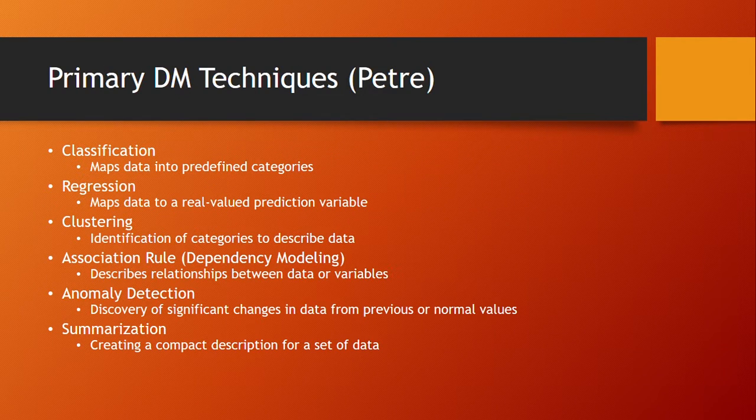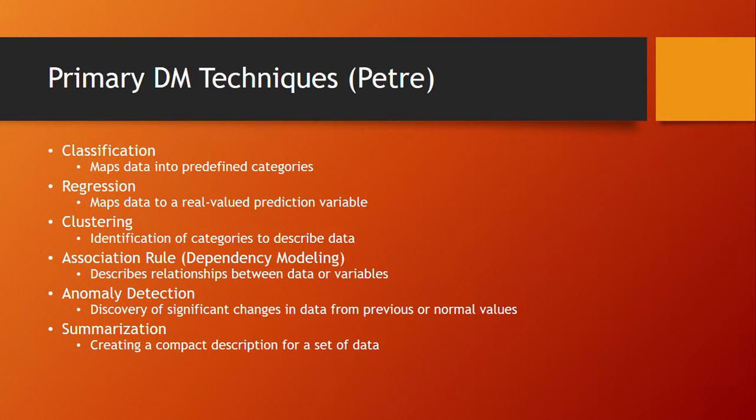So these are some primary data mining techniques. I guess I'll just read through them. Classification, which is what I use for my data analysis in this project. Regression, which I explored a little bit in MATLAB. Clustering, which I also explored a little bit in MATLAB.